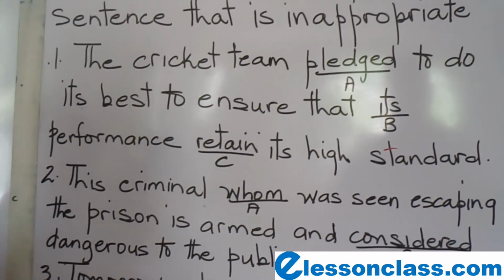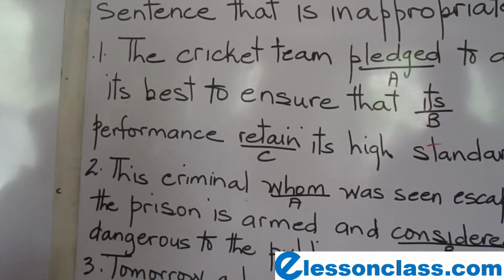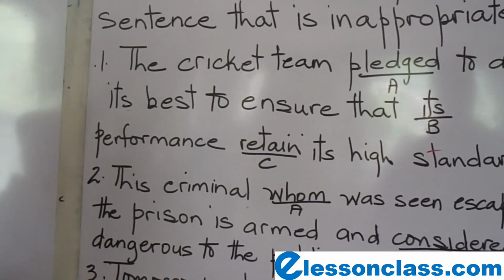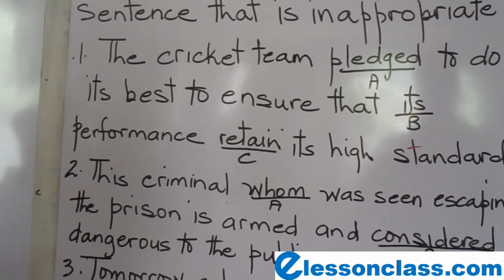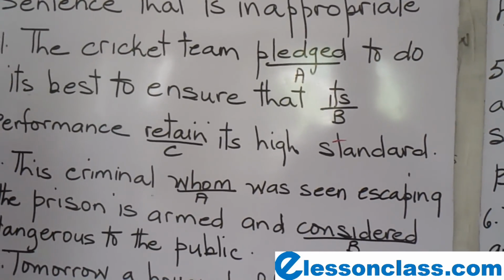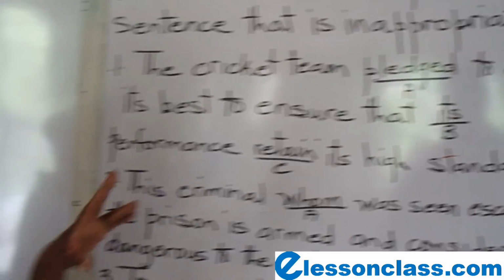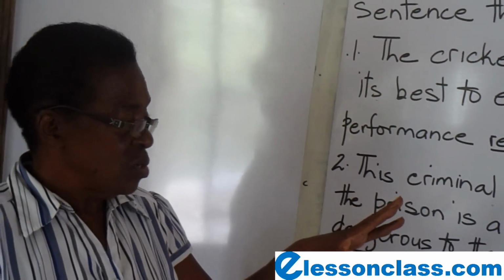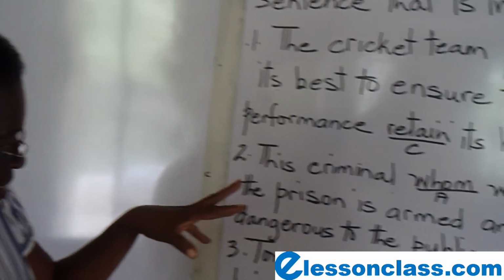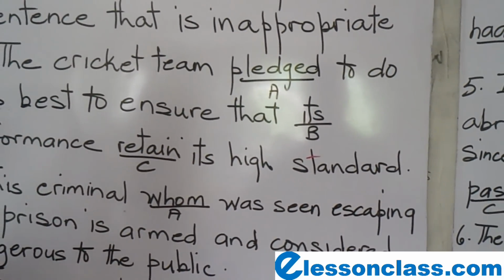Now, if I were doing that sentence, what I would do is read and pause at that section, or examine the section that is marked with the A, B, or C correctly. And then I will decide within myself, is there something wrong with this word? If there is nothing wrong, I will move on to the next word on the line and see if something is wrong there.